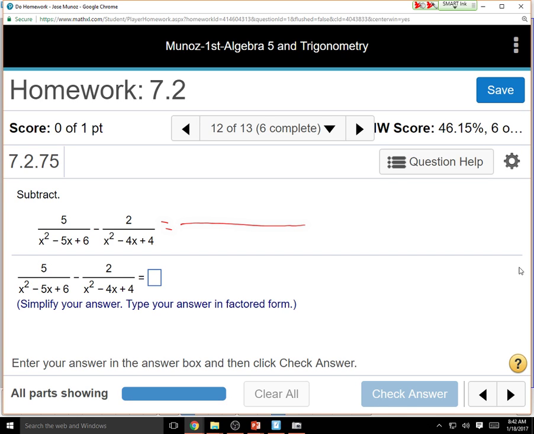The first denominator, is it factorable? Yes. X plus 1, x minus 6. And the other denominator, x minus 2 and x minus 2. Wow, that's going to be a big problem. I'm going to copy it over real quick.